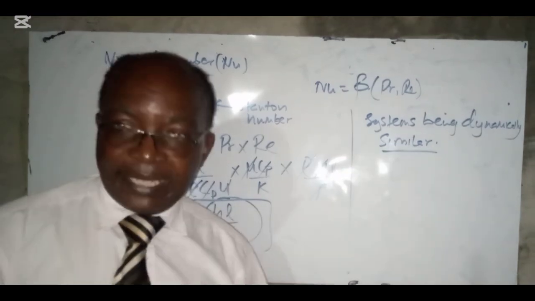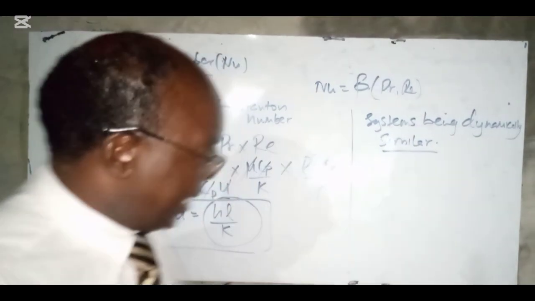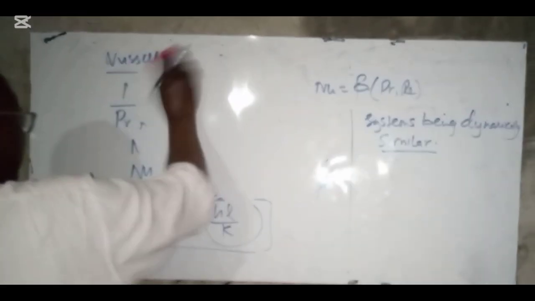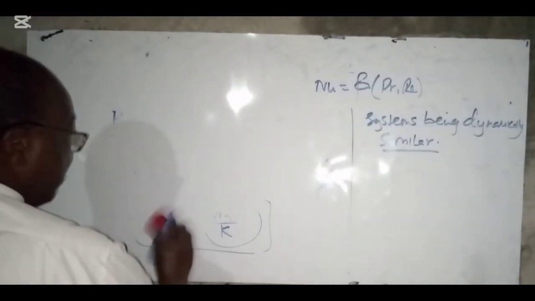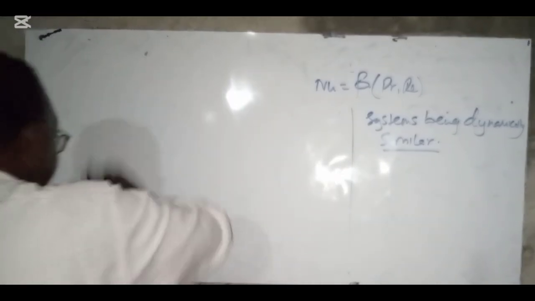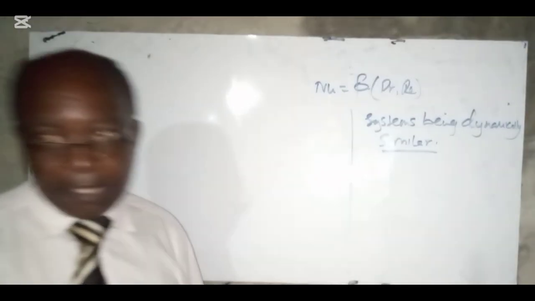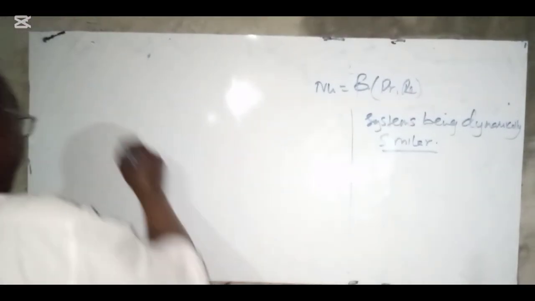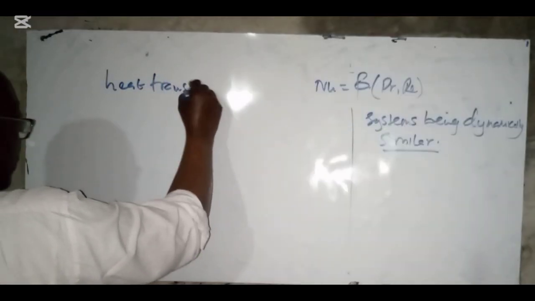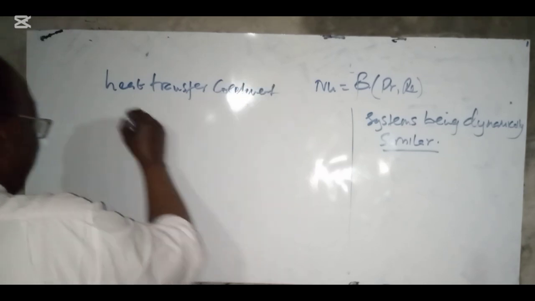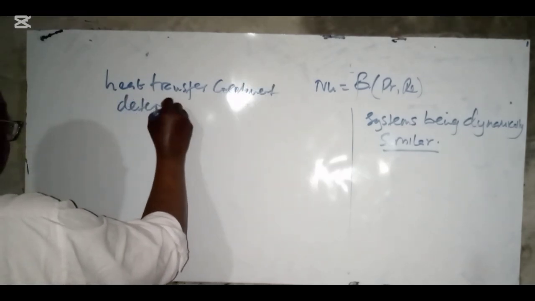This dynamic similarity is very important. Why are we saying that? It means that you can have a prototype, because, for example, most of the measurements, people prefer to do empirical measurements involving heat transfer coefficient. It is determined normally empirically.